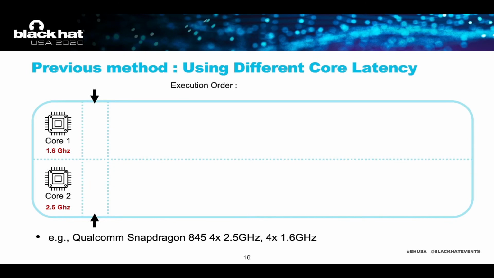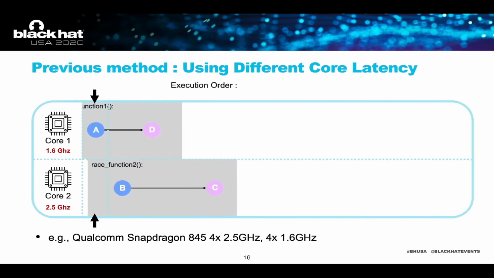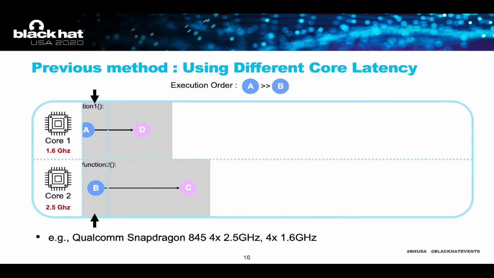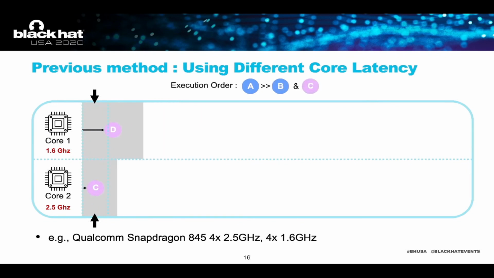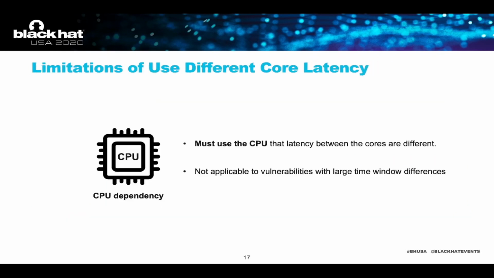If you place the thread whose time window needs to be extended on a slow core and place the other thread on a fast core, you can reduce the difference between the time windows and the instructions can be executed in order.